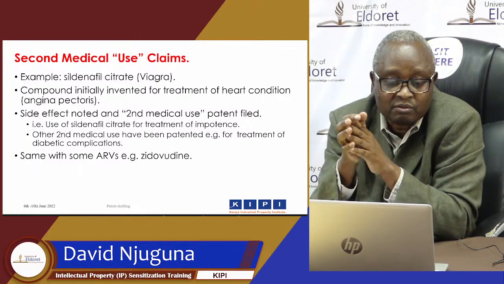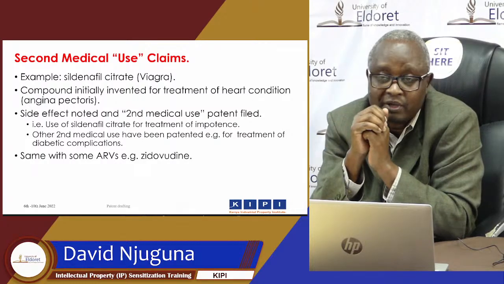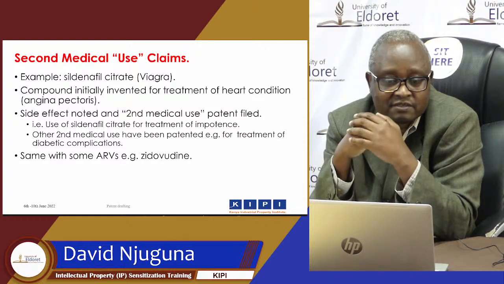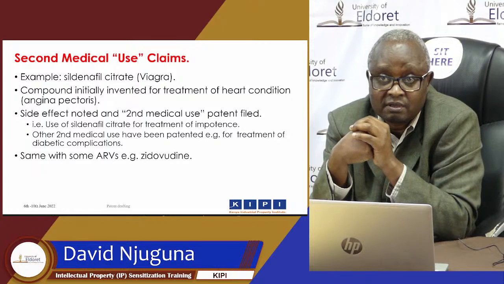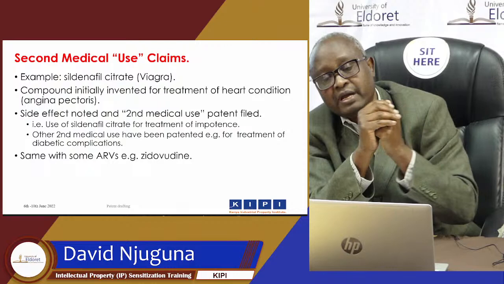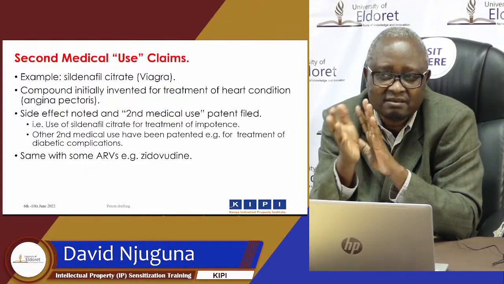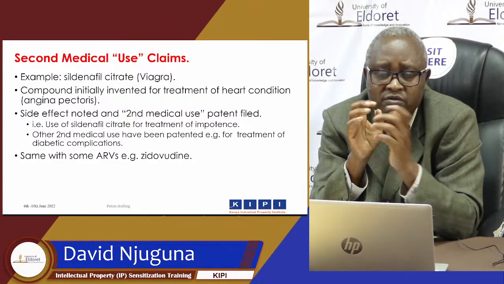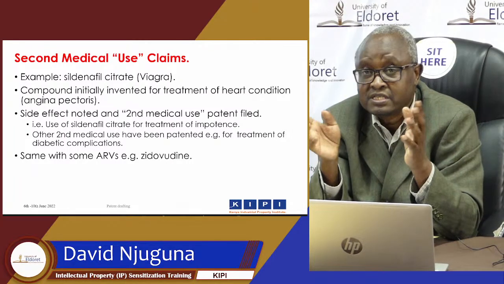The company was also able to patent other second medical uses. For example, I think I saw they have applied for a patent for treatment of diabetic complications using the same compound. Even a lot of ARV patents were applied for back in the late 80s on second medical use, because a lot of ARV compounds had been invented in the 70s for other things.